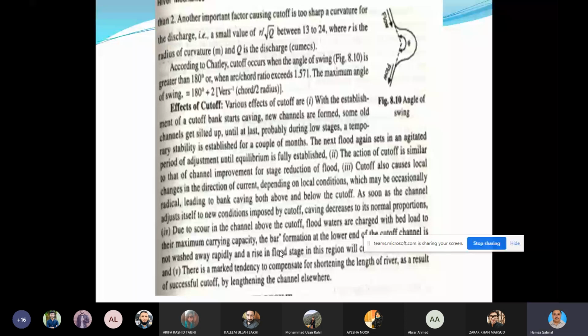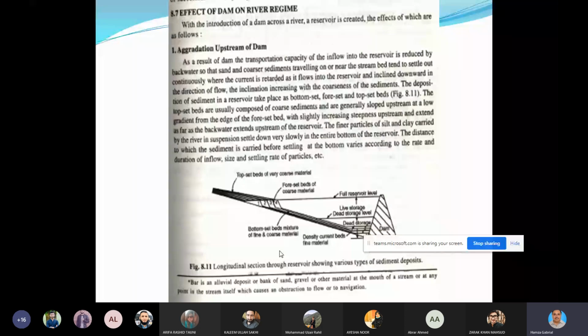Now coming to the last topic of river mechanics, the effect of a dam on river regime. When we construct some obstruction across a river, like a reservoir is developed or a dam is constructed across the river, then what happens? Some changes take place both on the upstream and the downstream side.